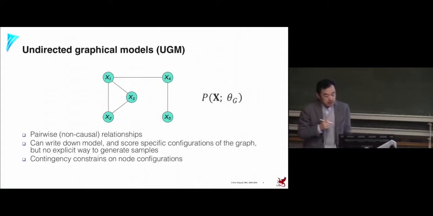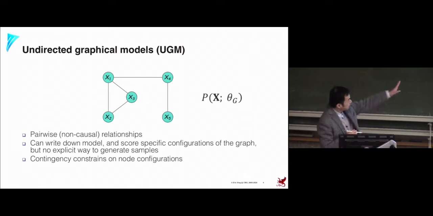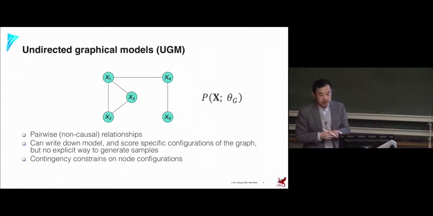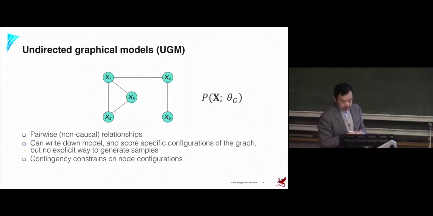Now, undirected graphical models. So here you see a graph which has a number of bubbles, nodes, and a number of lines, which are the edges connecting a pair of nodes. And there are no arrows on the lines, therefore it is undirected.